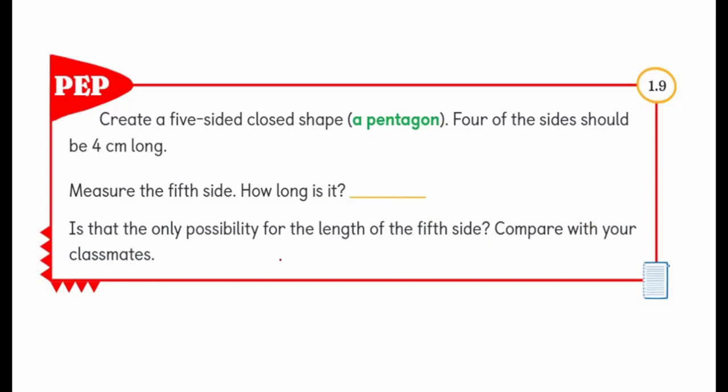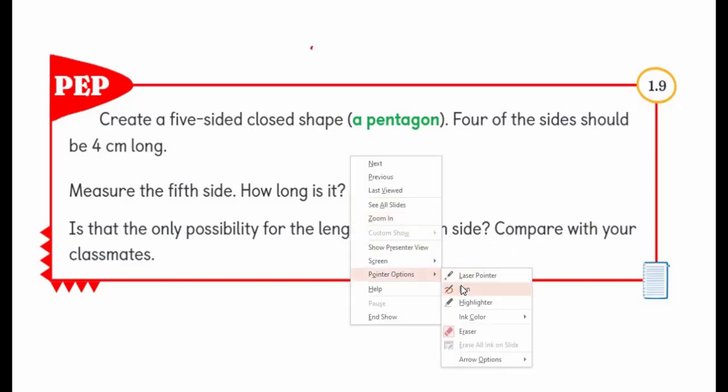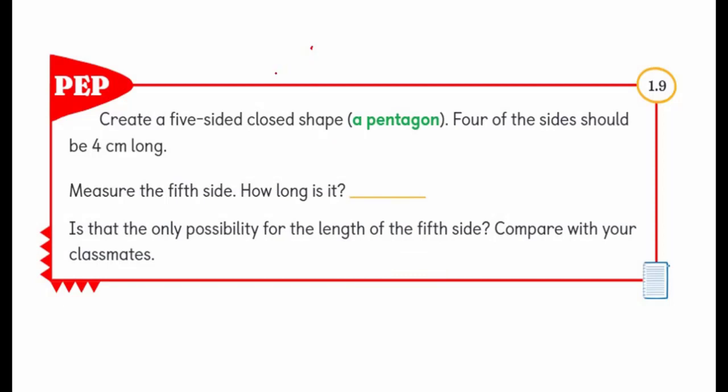Compare with your classmates. You have to draw a 5-sided closed shape. 4 of the sides should be 4 centimeters. This one 4 centimeters, this one also 4 centimeters, and this one also 4 centimeters.